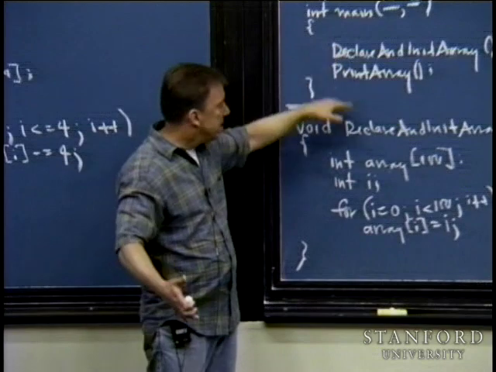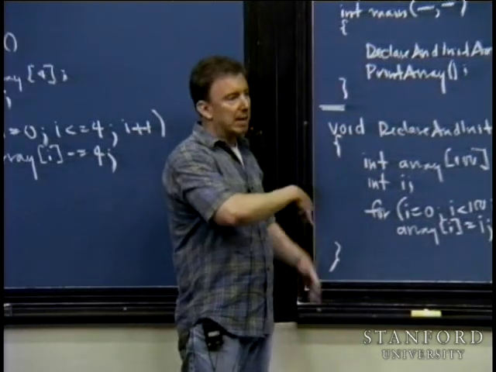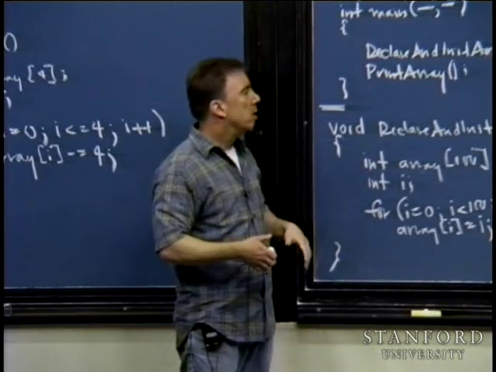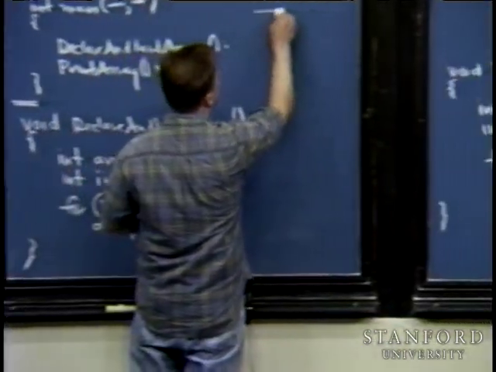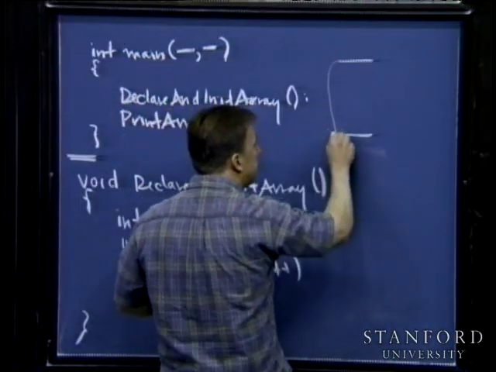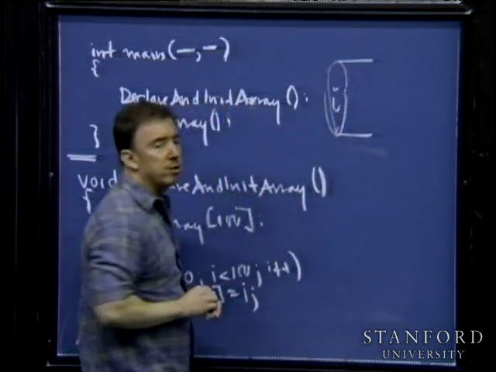Okay, it's not like when this thing returned, it cleared out all of those bits and said, we got to scramble this so it doesn't look like a counting array. It doesn't take the time to do that. So basically what happens is if this is the top of the activation record and this is the bottom of the activation record, SP is descended once, this is filled up with happy information.